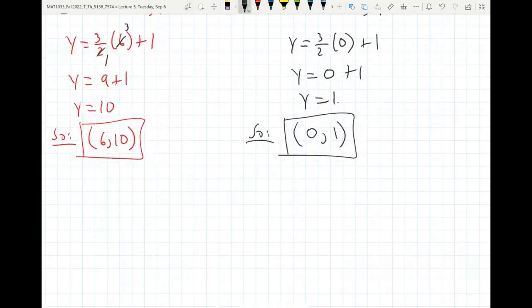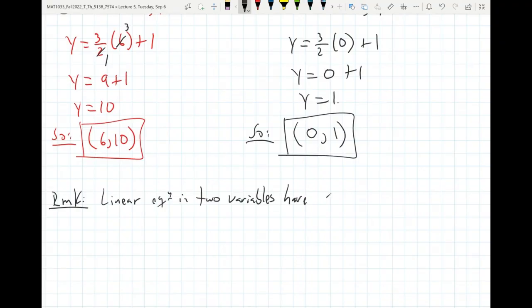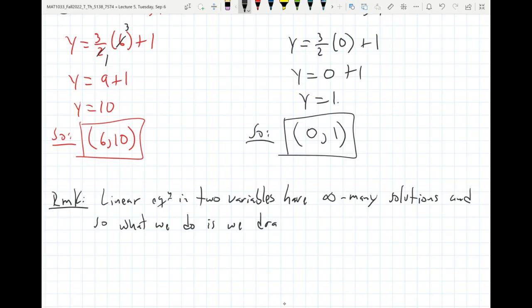So I guess the remark here is: linear equations in two variables have infinitely many solutions, and so what we do is we draw a picture of it.